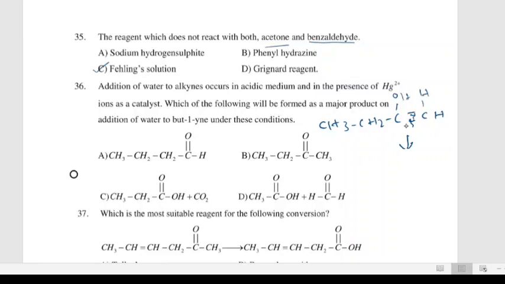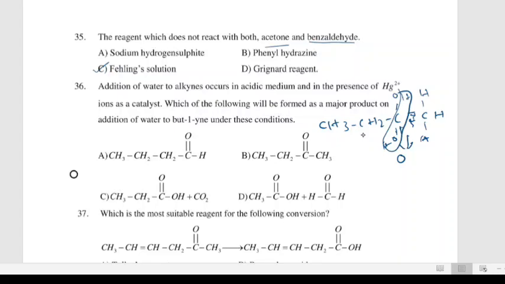For further addition, again OH here and H here. Whenever two hydroxy groups are there, a water molecule will be eliminated so that you will get a double bond here. So at the second position, a double bond, that means methyl ketones will be formed. That is the reason why B is the correct one.